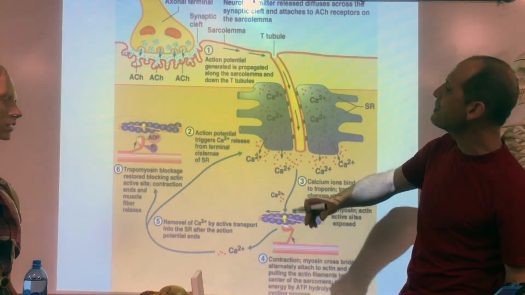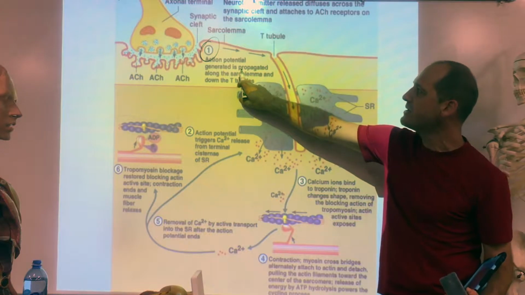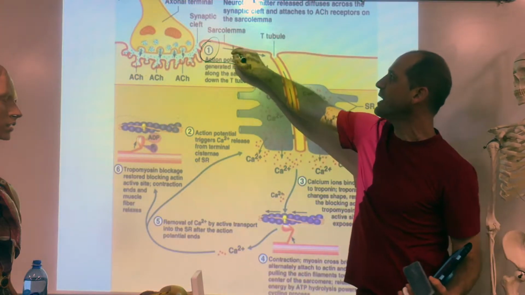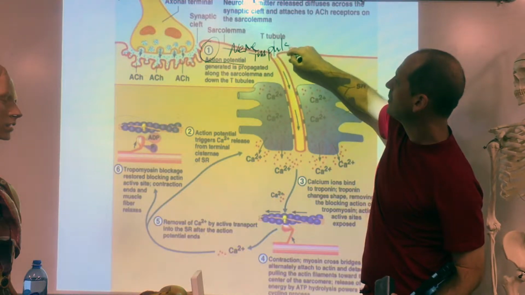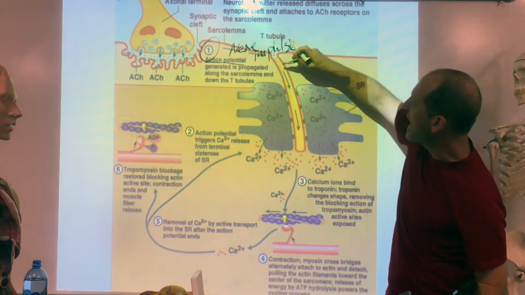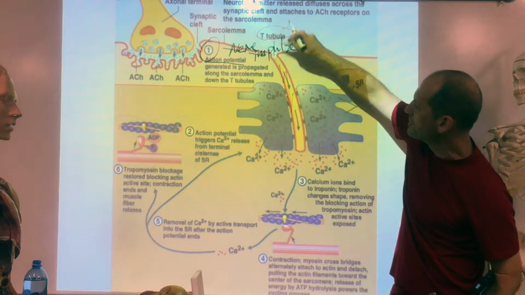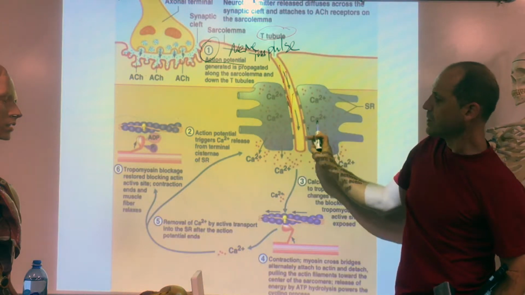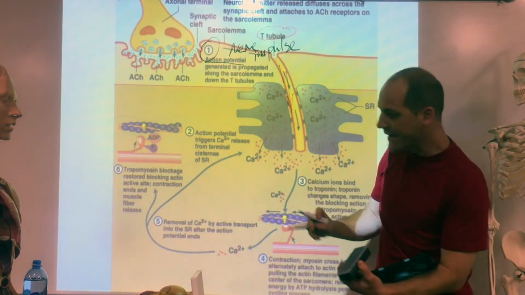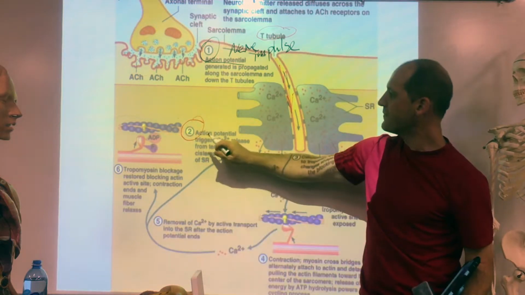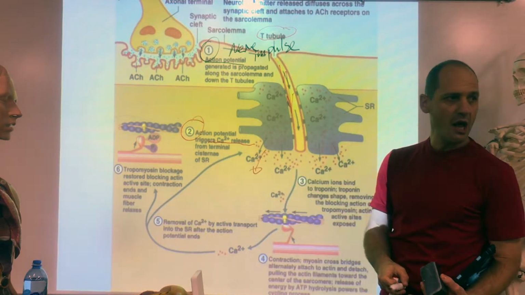Share information. So what happens is, number one, we're going to have a nerve impulse coming down, and the nerve impulse is called an action potential. That nerve impulse travels down through those T-tubules, penetrating the whole muscle, all the fibrils, everything. And then as a second step, the calcium is released into the muscle itself.